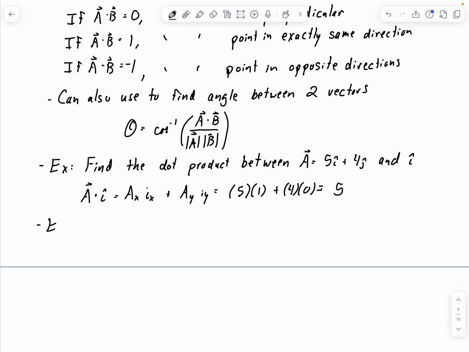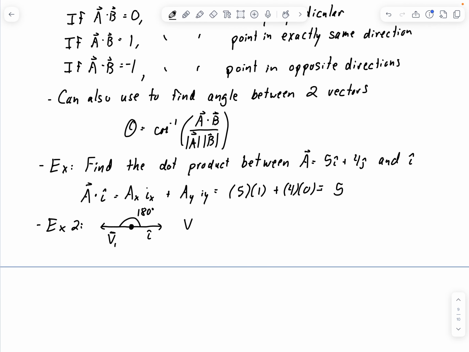In a second example, we have two vectors. Again, we have I, and this time we have a vector which we're calling v1, and the angle between these two vectors is 180 degrees.